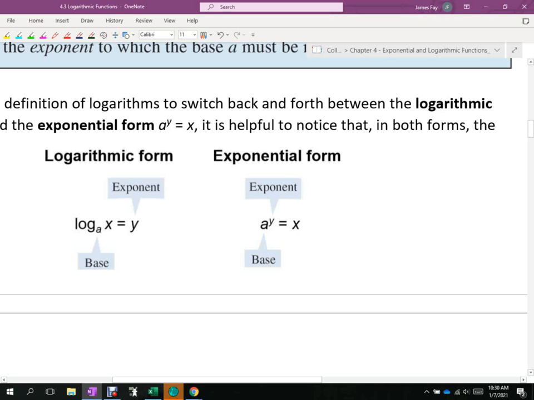One thing I like to do is, even if I start with this side over here, I always like to have this picture. If I want to transfer this into a logarithmic form, I'll circle my base, and I'll draw an arrow that gets me across the equal sign. It gets me to my y. So I know I go a raised to my exponent of y.